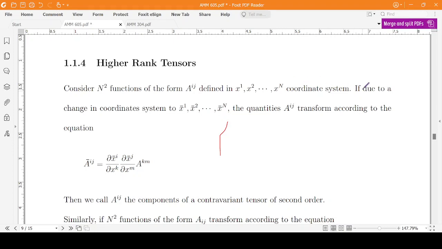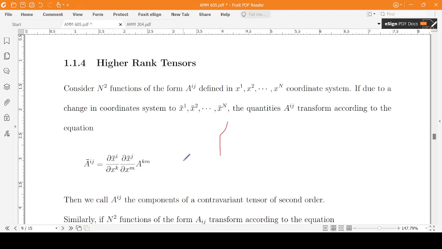Now, if due to change in coordinates to another coordinate system with the components x1 bar, x2 bar, x3 bar, up to xn bar, these quantities transform according to the equation given here, then we say that aij forms the components of a contravariant tensor of the second order.